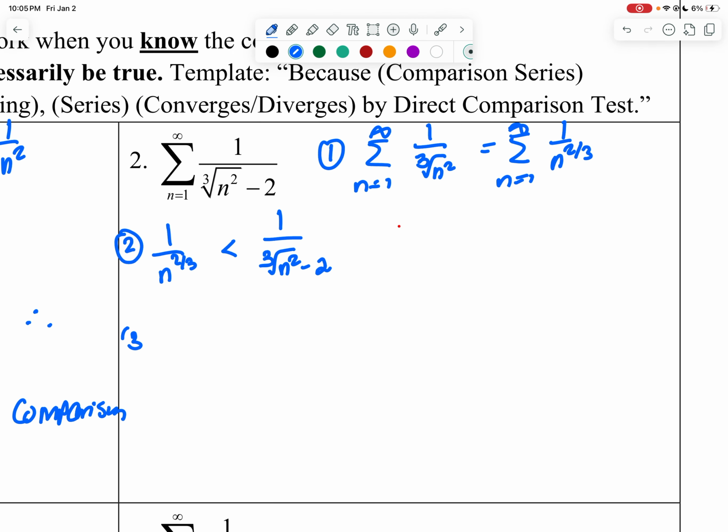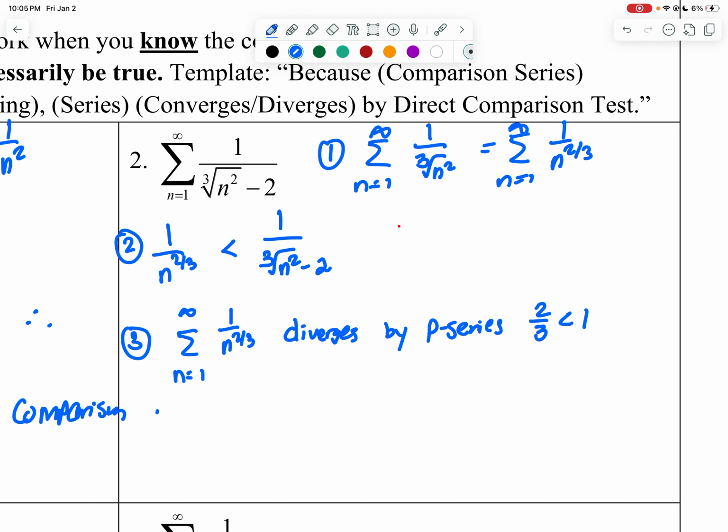Now remember that for step number 3, you're going to tell me the series diverges, not the sequence, the series. So then we're going to have 1 over n to the 2/3 diverges by p-series. You're going to tell me why. 2/3 is less than 1.